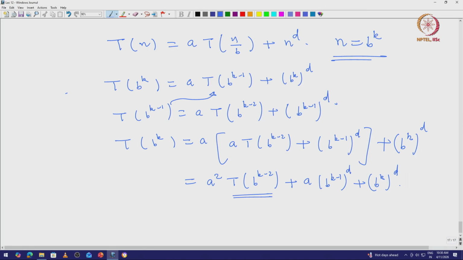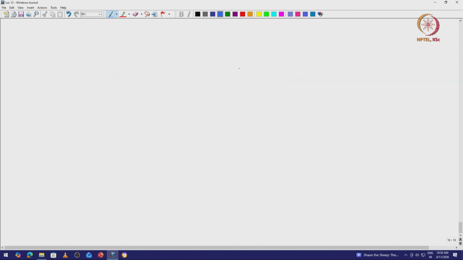So, what is important here is I require a pattern something like this. So, I have to consider an infinite series in which this pattern can be embedded and then I can use it. So, let us consider this question specifically.